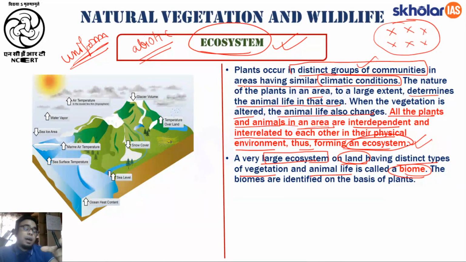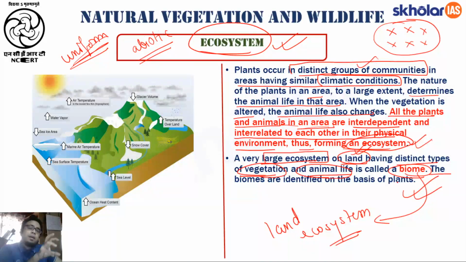Lakes are also an example of an ecosystem. Then we have the land area as a particular type of ecosystem, right? So a very large ecosystem only on land, having distinct vegetation and animals, we call this a biome. So biome is an example of a land ecosystem, very important.